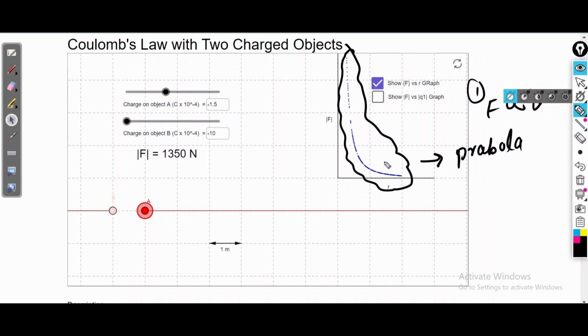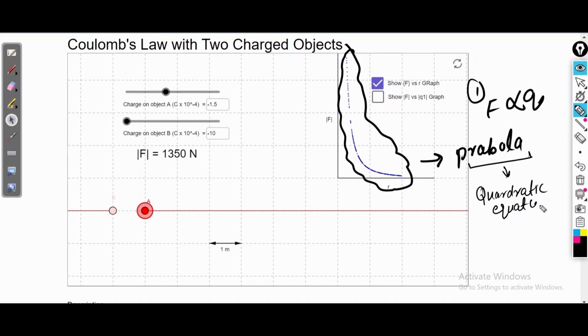This is the parabolic form of the graph. So this is actually a parabola, and this parabola in mathematics comes from the quadratic equation.